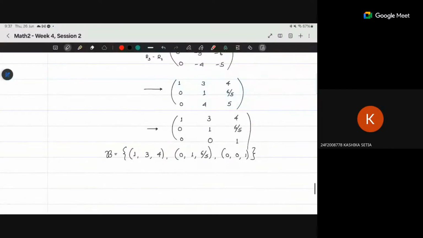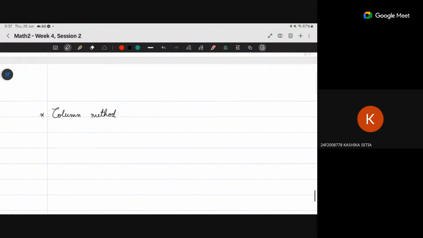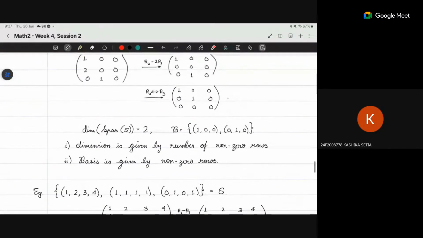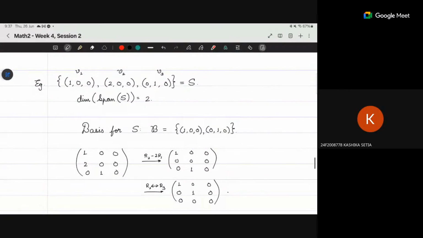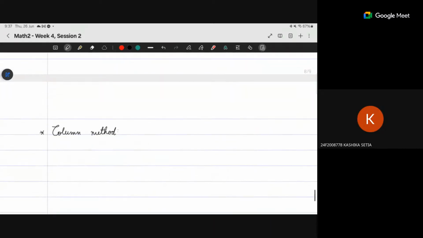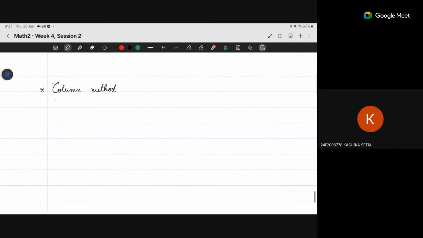Now the column method is over here. Why did we call this the row method? We had a set S that we started out with. We took the vectors from the set and put them as the rows of a matrix. Here what we do is we put them as the columns of a matrix.